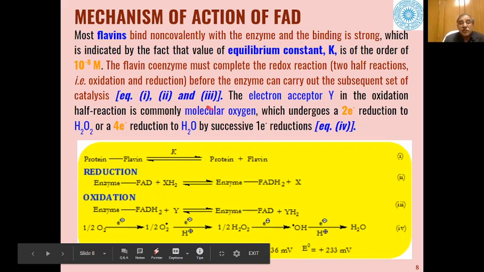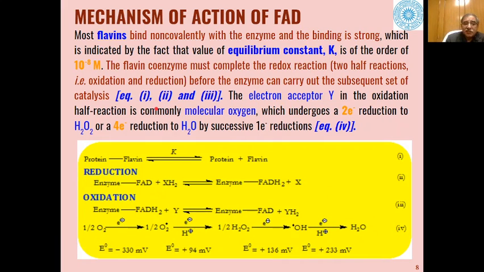Then the mechanism of action in case of FAD is that most of the flavins bind non-covalently with the enzyme, and this binding is very strong, which can be seen from the equilibrium constant, which is of the order of 10 to the power -8 molar.